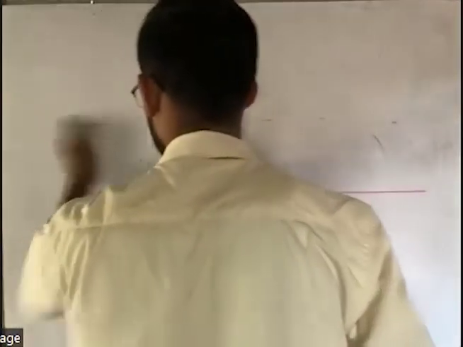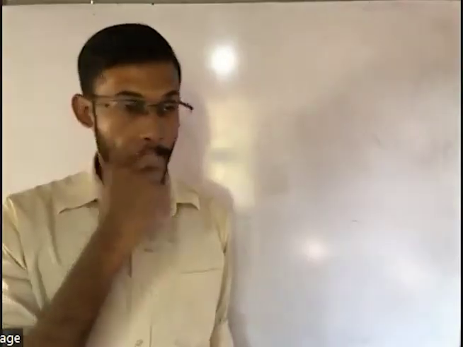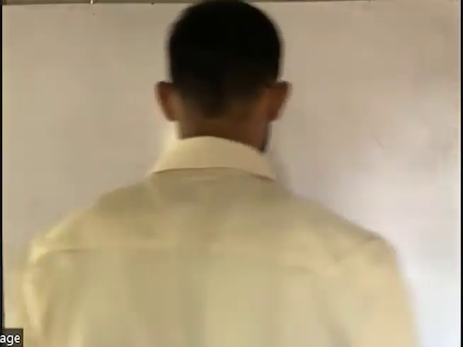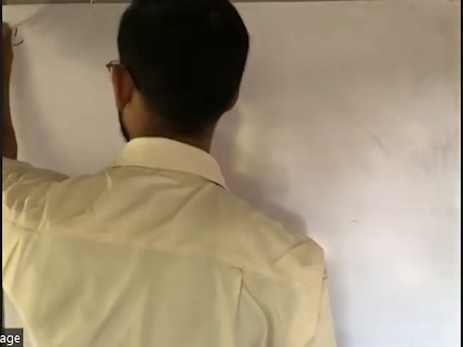Now, previously we have done, when the roots are given, we have developed the quadratic equation. Now we can use this formula directly, and we can develop the quadratic equation. That is easy when we are doing problems, right?